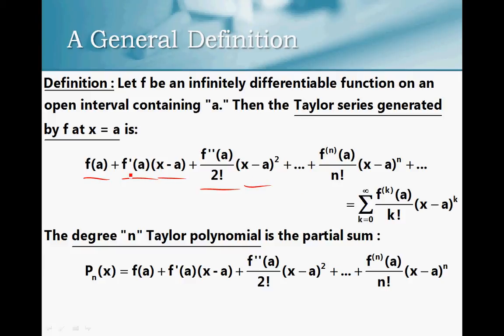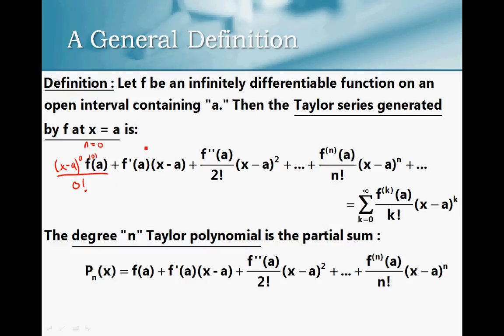This is a formula you're going to have to memorize, but it turns out that each term is not too hard to remember, particularly if you notice that each term is really just, you look at what position it's in the sum. So this first term corresponds with n equals 0. That's basically the 0th derivative of f at a, so you can think of that as the 0th derivative, times x minus a to the 0 over 0 factorial.